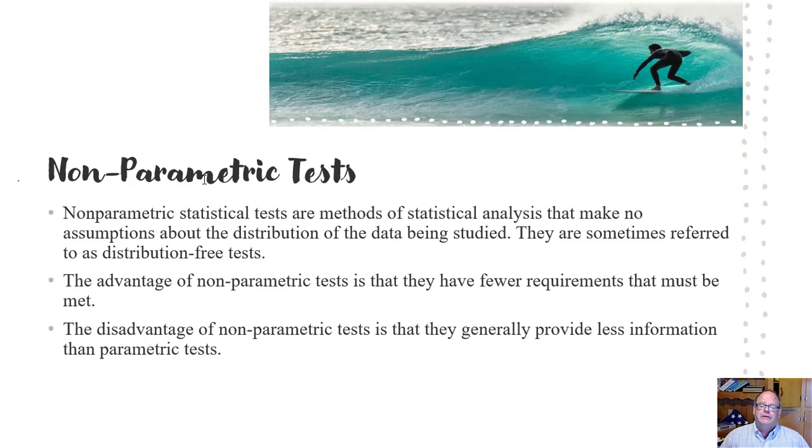For non-parametric tests in general, non-parametric statistical tests are methods of statistical analysis that make no assumptions about the distribution of the data being studied. They are sometimes referred to as distribution-free tests. The test that we've gone over, chi-square, is the only one that is considered non-parametric.